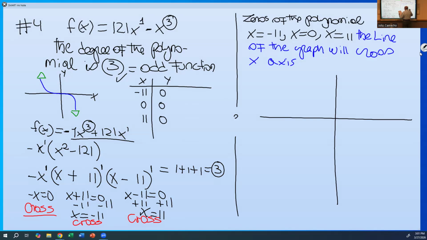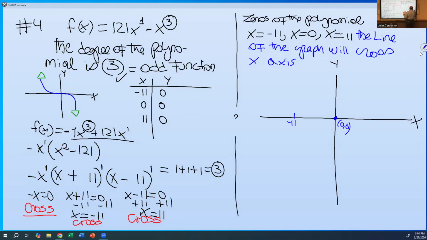Let me do this again. Put that as your y-axis, your x-axis, and let's put some values here. I will put the negative 11. That is your 0, 0. That is your 0, 0.